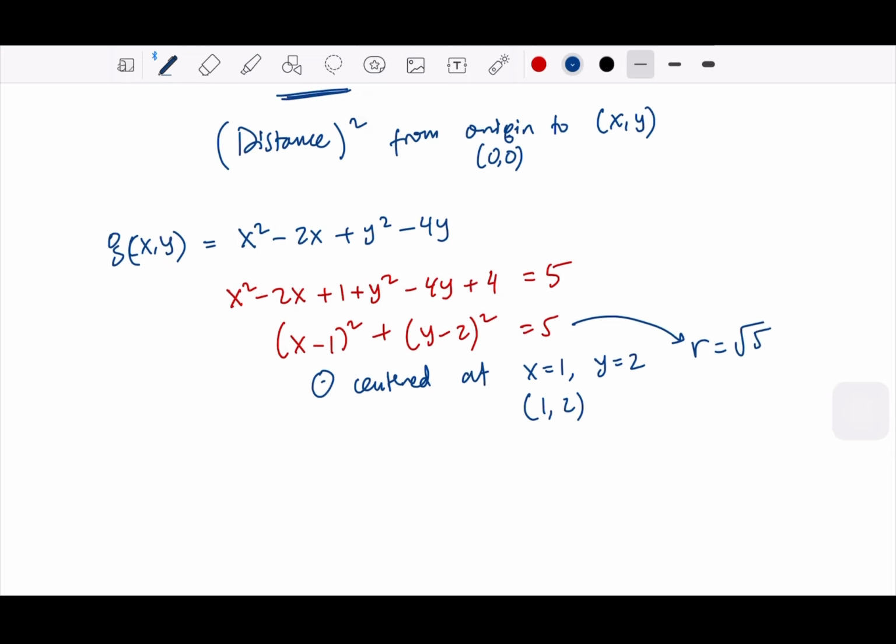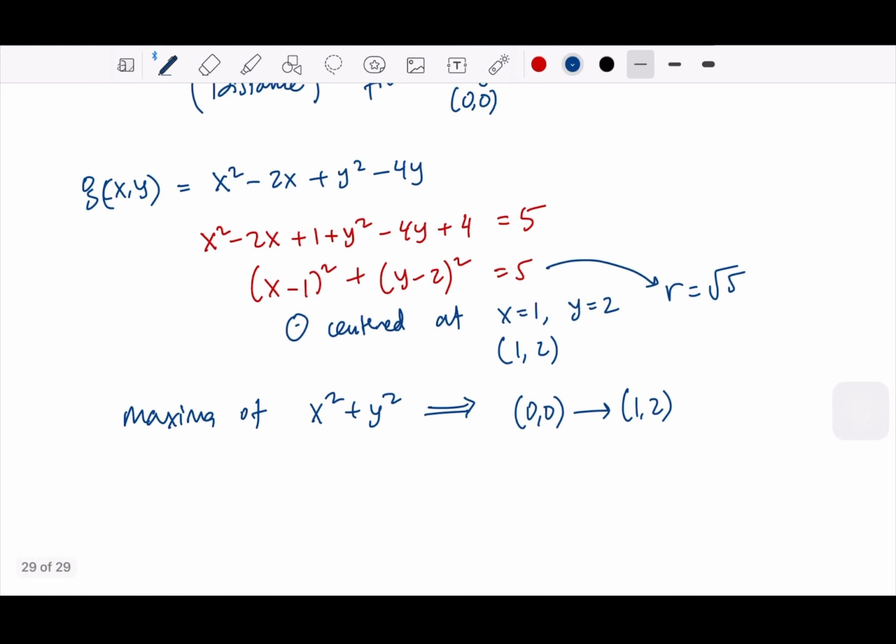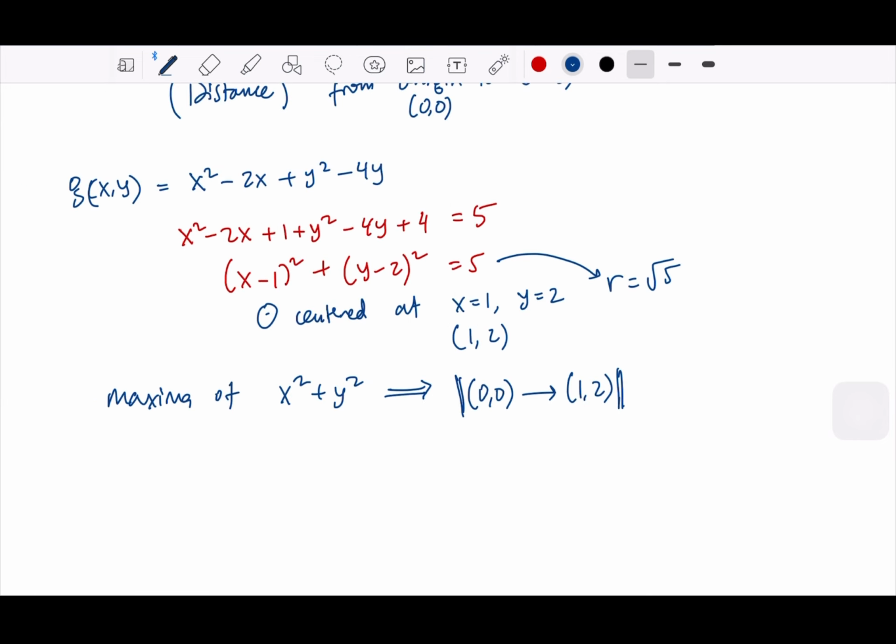Okay, so the maximum of x squared plus y squared is the distance between (0, 0) and (1, 2), plus the square root of 5, and then squared.